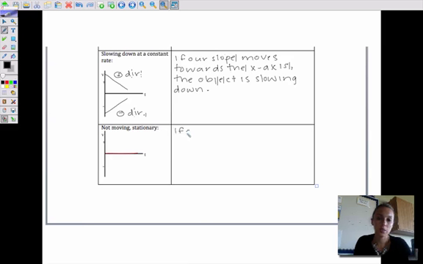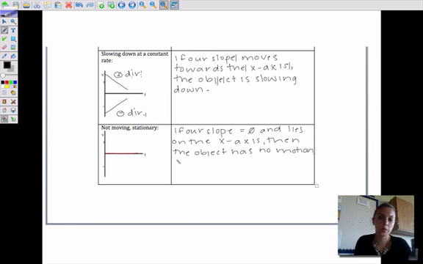So if our slope equals 0 and lies on the x-axis, then the object has no motion. Which means not only does the acceleration equal 0, but the velocity equals 0 as well.